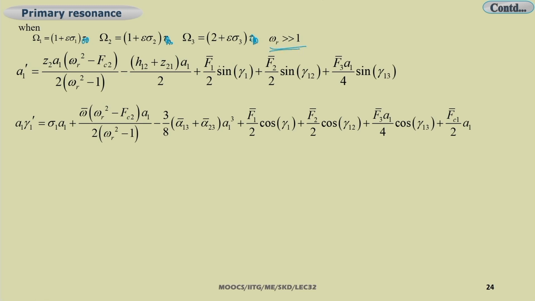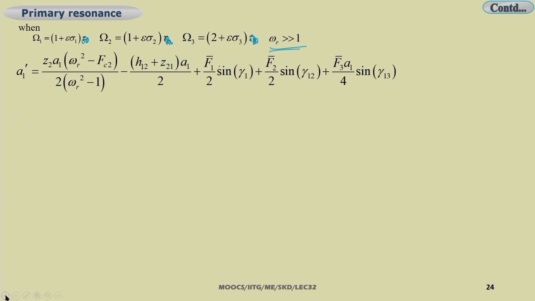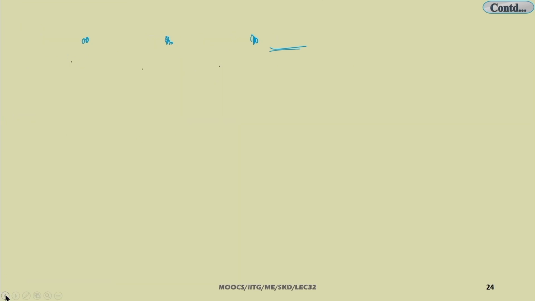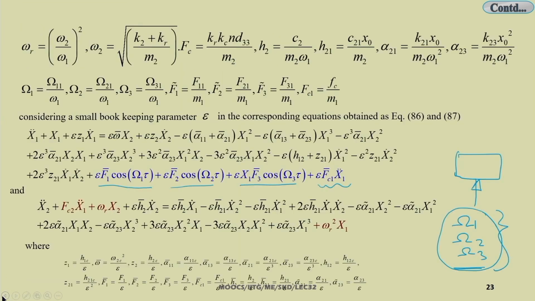Here you can see the non-dimensional frequency of the primary system is 1, that is why this omega 1 is taken to be 1 plus epsilon sigma 1.